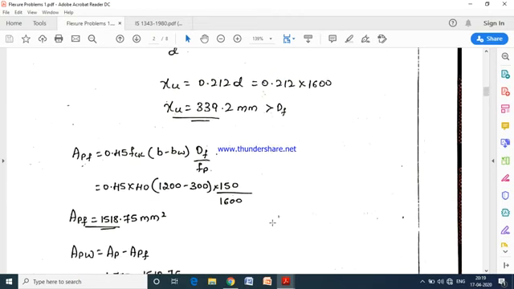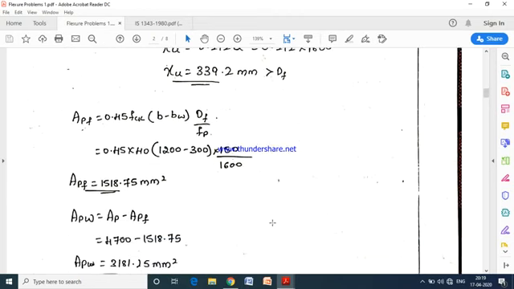So again we need to go with further reinforcement APF and APW, that is reinforcement area of steel used in the flanged section and area of steel used in the web section, and we need to find out. This formula is available in codebook.